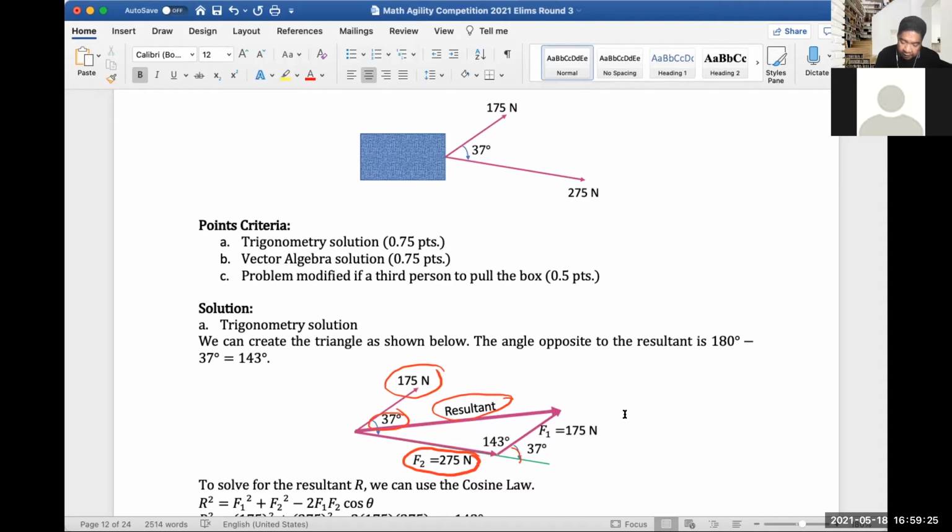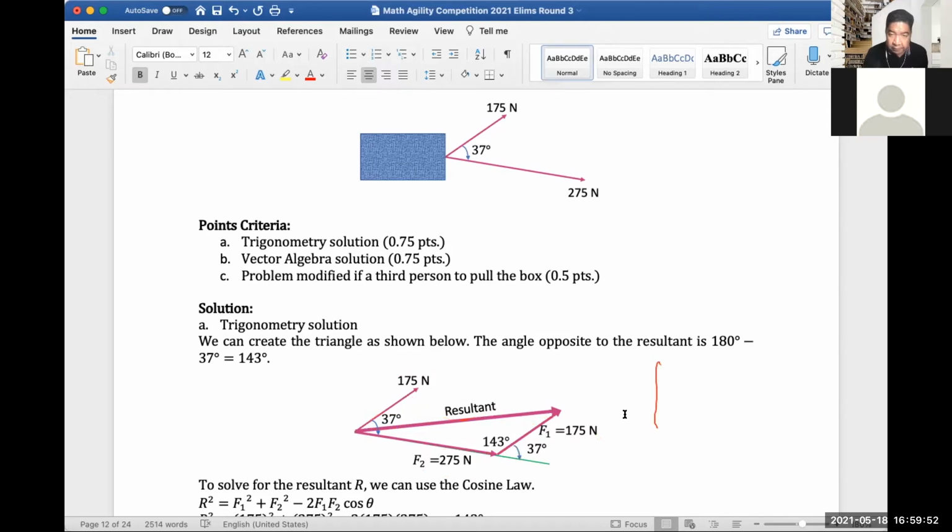So what we will get is a triangle. If we know this is 37, the supplement of 37 is 143 degrees here, right? And F1 is 175 and F2 is 275. The trigonometric solution for this is using the cosine law, right?